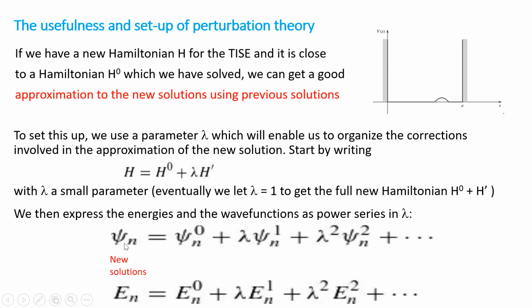Again, these are the new solutions, psi n and E n, for the new Hamiltonian, which we're interested in. These are the previous solutions, which we already have for the Hamiltonian H0.